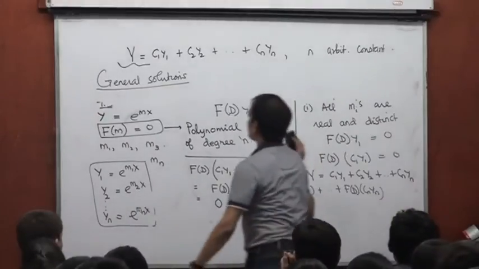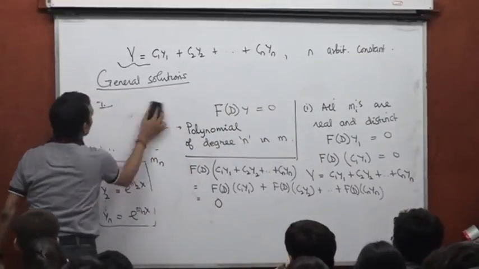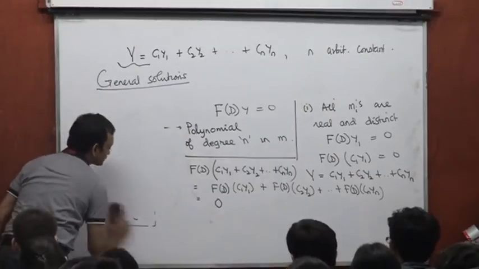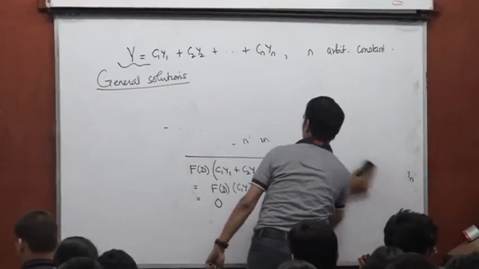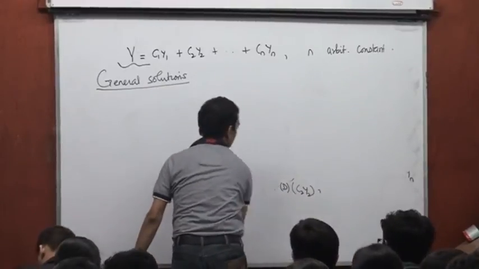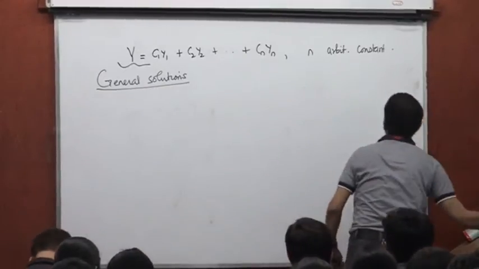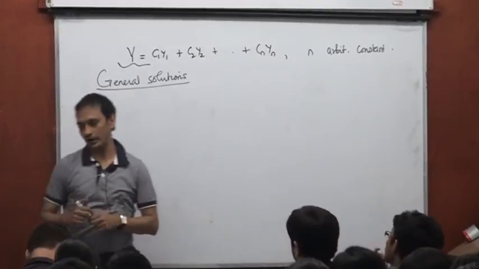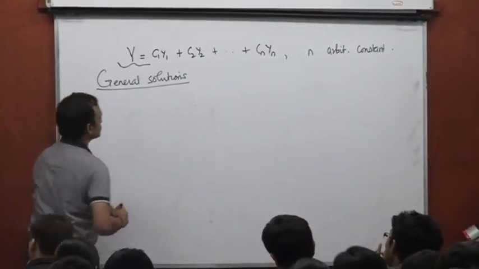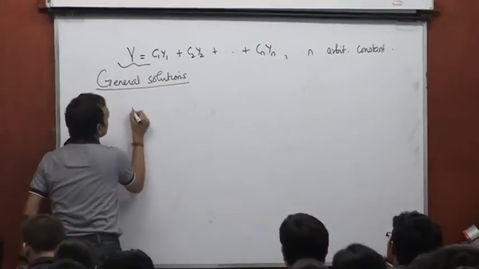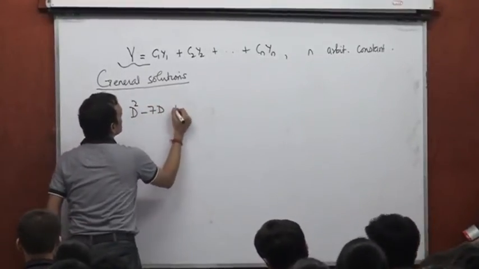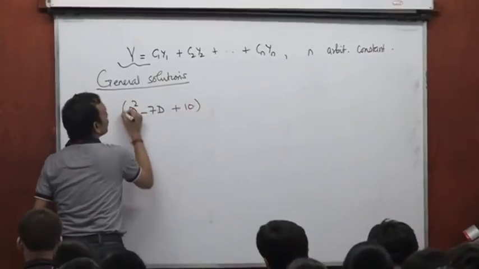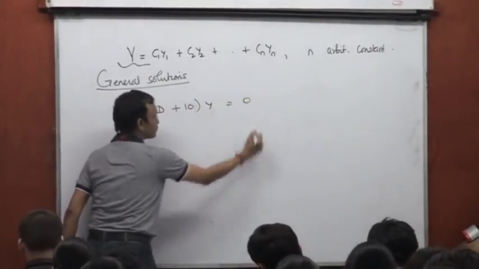Now, for example, if I had a differential equation of the following kind, d squared minus 7d plus 10 acting on y equal to 0.